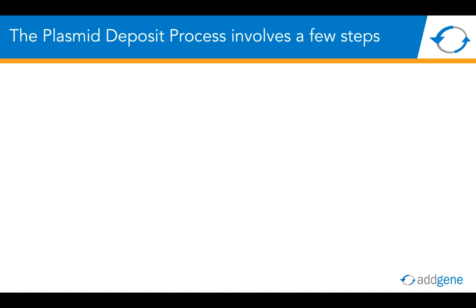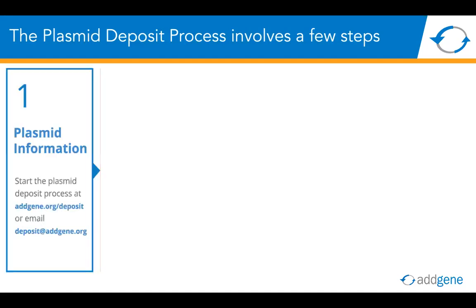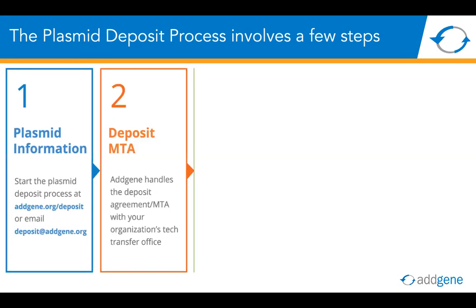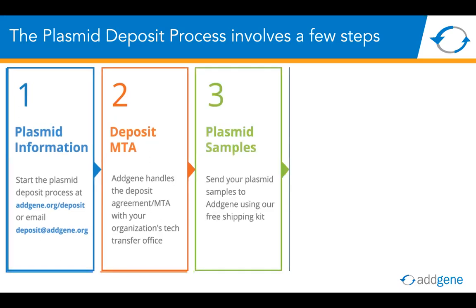And so the Plasmid Deposit Process involves a few key steps. The first one is to get us the plasmid information. You can start the Plasmid Deposit Process by either going online, or you can email deposit@addgene.org. And then the next step is that Addgene takes care of handling the deposit agreement and MTA with your organization's tech transfer office.